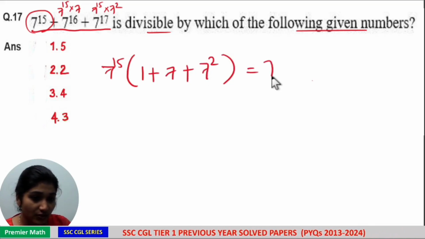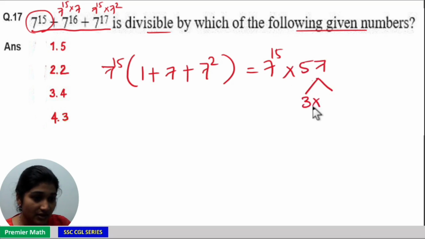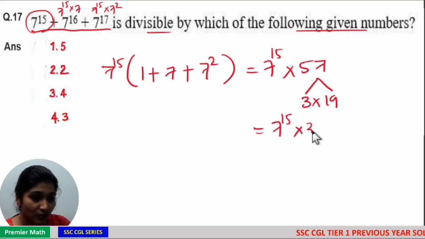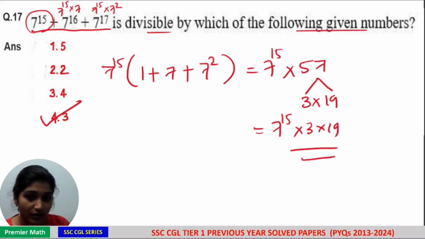Now this is equal to 7 raised to 15 into 49 plus 1, 50, 50 plus 7, 57. 57 I can split as 3 into 19, which means this is equal to 7 raised to 15 into 3 into 19. So this is a multiple of 3. Option 4 is your answer.